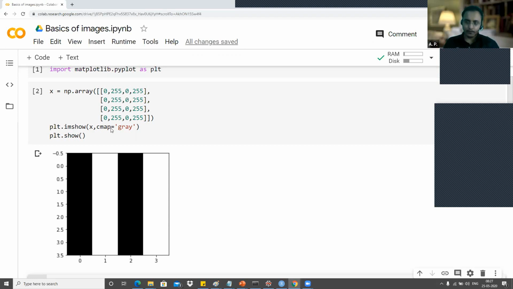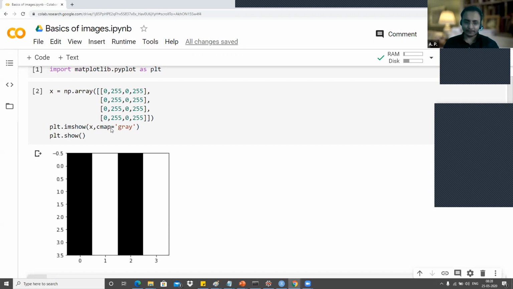So a column of 0, black color strip; a column of 255, white color strip, right? Again a column of 0, black color strip. So the pixel value 0 points to black color, and pixel value 255 points to white color pixel. And for the current array, this is how it looks, right?